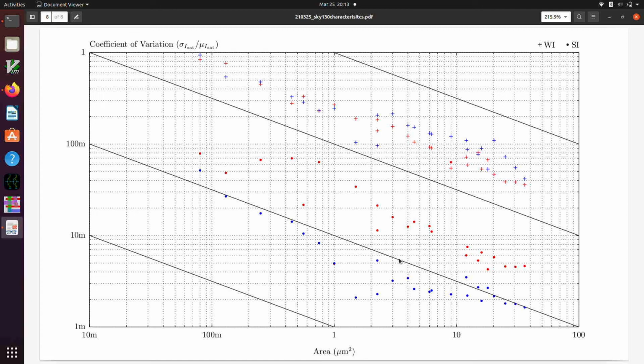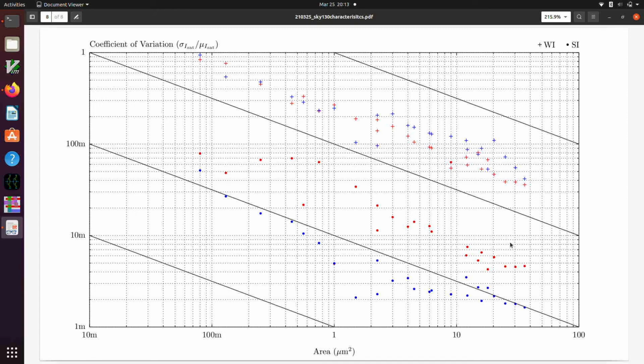You can get a sense for how big you need to make the devices to achieve a certain level of mismatch from a plot like this. So to get a coefficient of variation of 1%, which would be the 10 milli line here, you kind of have to get up into the 1 to 10 square micron range for the pFETs, and for the nFETs you have to be above probably 7 square microns or so.